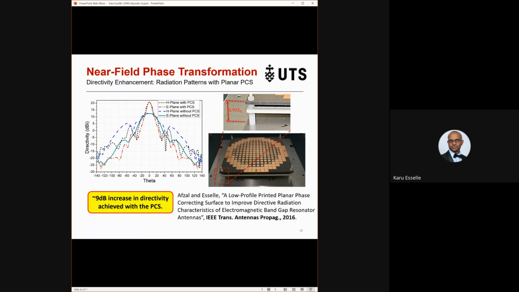So what does this metasurface do? Each cell provides the necessary phase shift to make the output phase more uniform. The input phase changes from location to location, right? And then we work out how much phase shift you need for each cell.